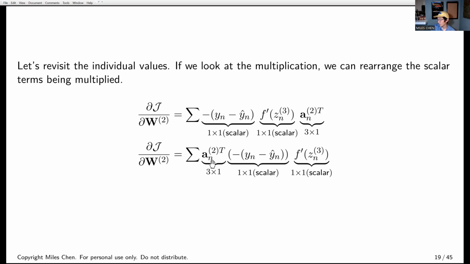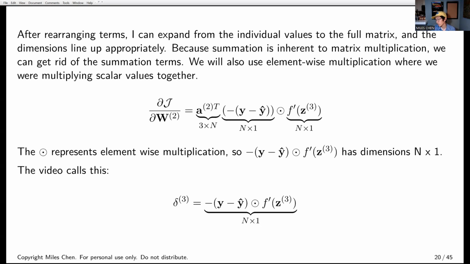I'm going to bring the a n transpose here, so I've got my 3 by 1 column. Then I've got my 1 by 1 scalar of y minus y hat values, and then the nth observation in z, which is just a 1 by 1 scalar. Then I'm going to expand each of these to include all n values.